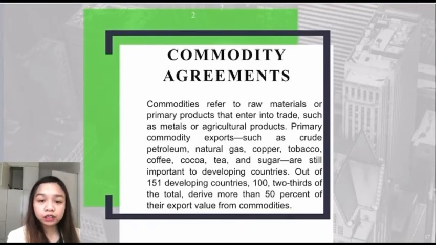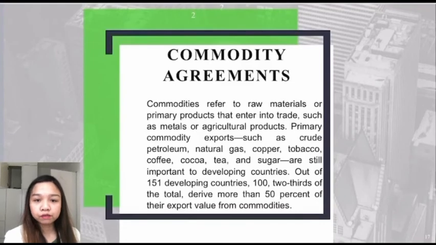Out of 151 developing countries, 100, two-thirds of the total, derive more than 50% of their export value from commodities. Commodity agreements, on the other hand, are arrangements between producing and consuming countries to stabilize markets and raise the average prices.